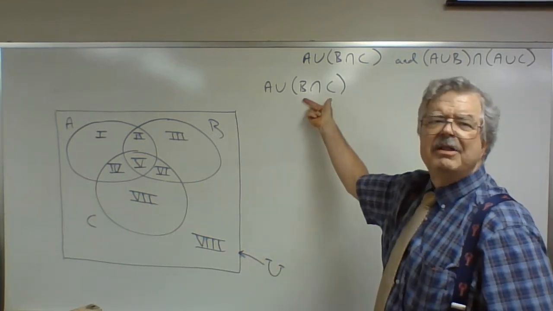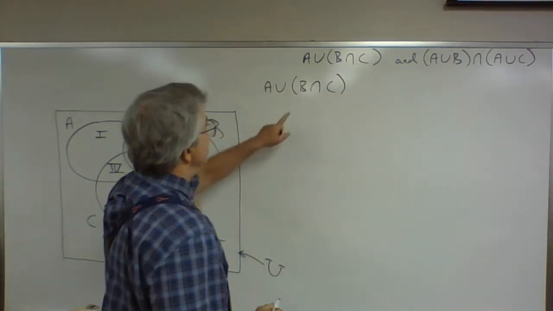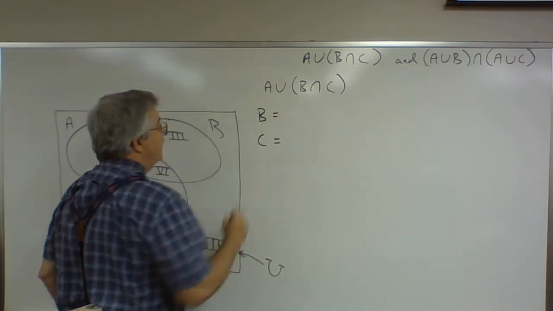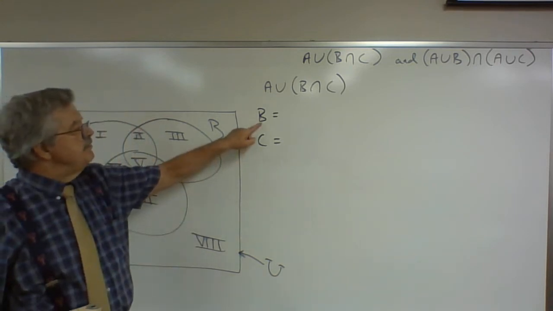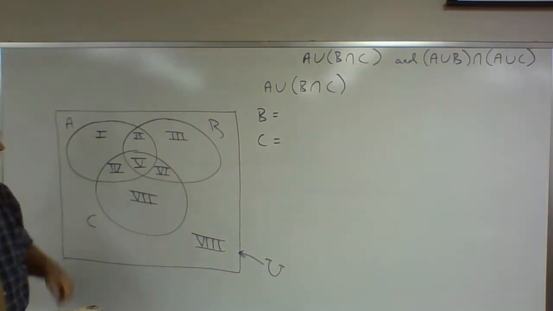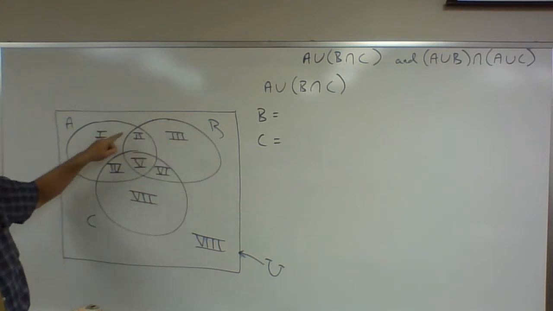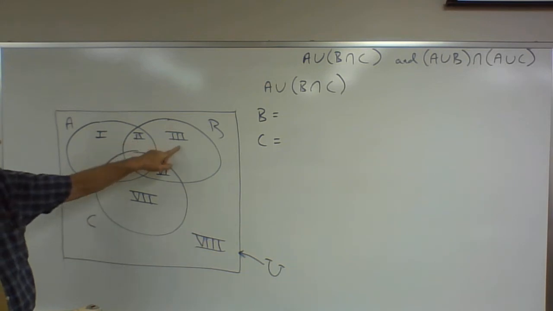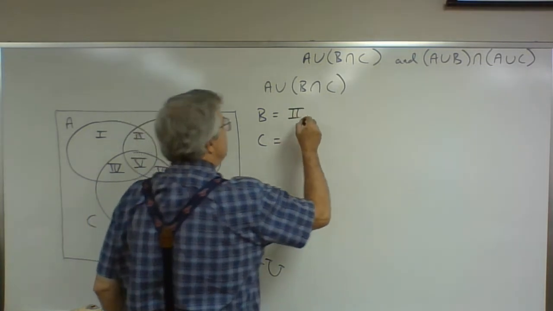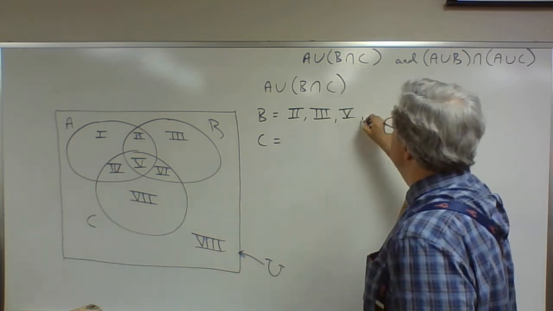We'll work with the ugliest part of this set first, B intersect C. To get B intersect C, I'm going to write down all of the regions in set B and all of the disjoint regions in set C. Everything in B is in this circle, so B contains regions 2, 3, 5, and 6.